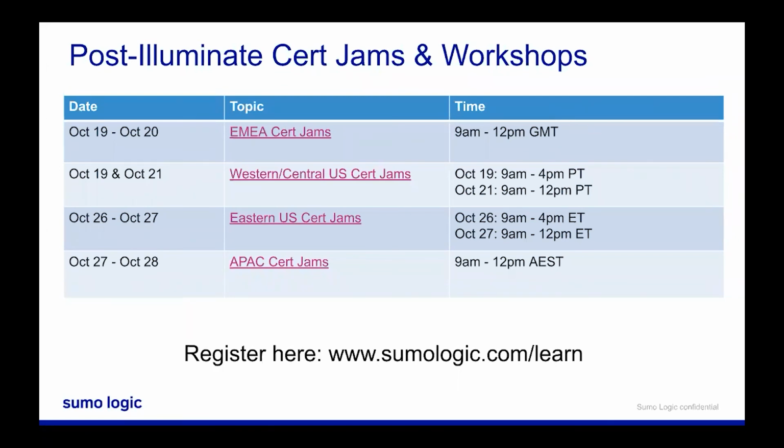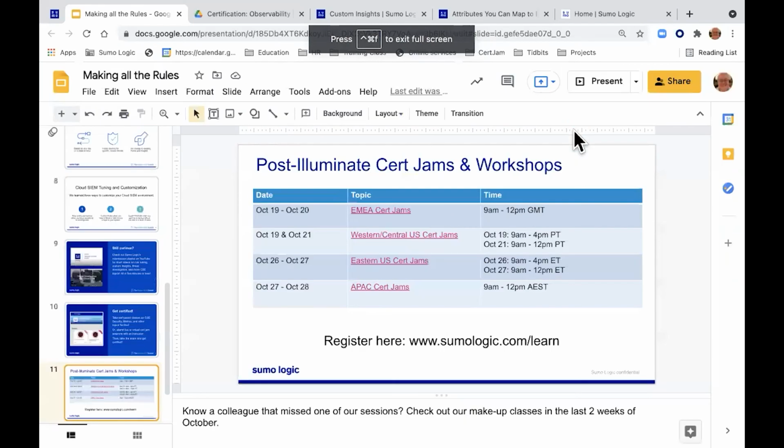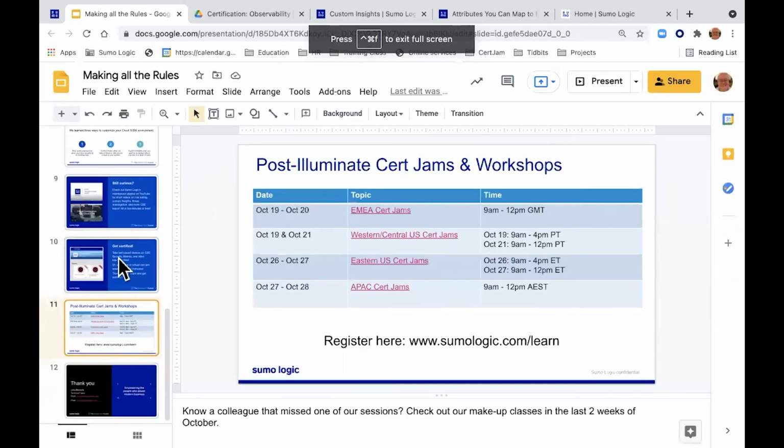And those self-paced courses are actually in our learning environment. I'll show you where that is in just a minute. And for those in Asia Pacific, we've got some cert jams scheduled there, October 27th and 28th, that you can also take. So this is where you can go and learn about these other classes and complete that.